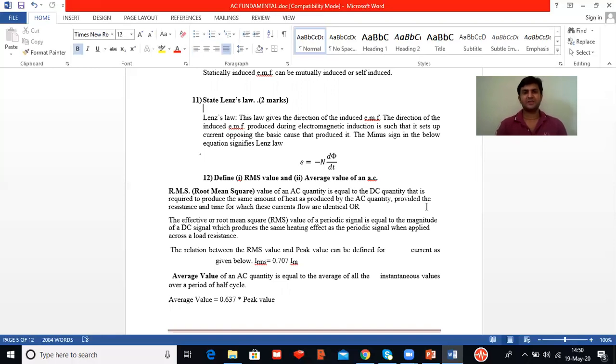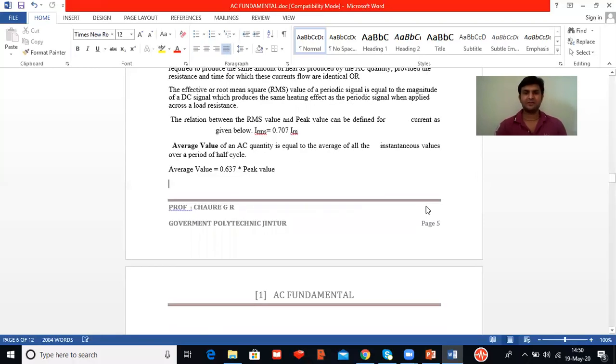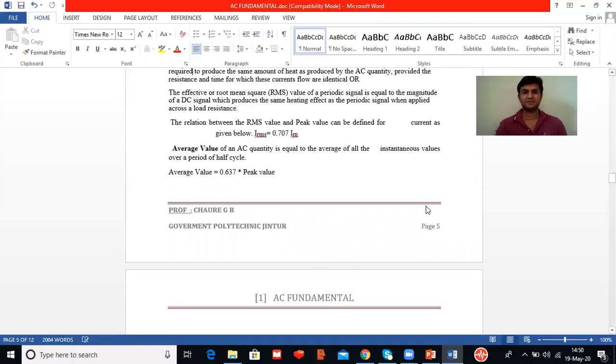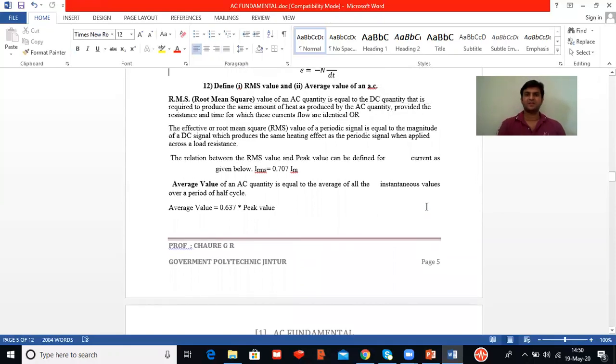Then the next definitions are given. Define the RMS value and average value. RMS value we have seen earlier. The RMS value of an AC quantity is equal to the DC quantity that produces the same amount of heat as produced by the AC quantity, provided that resistance and time for which these currents flow are identical.